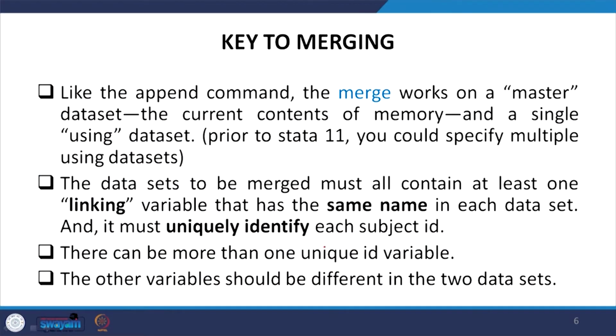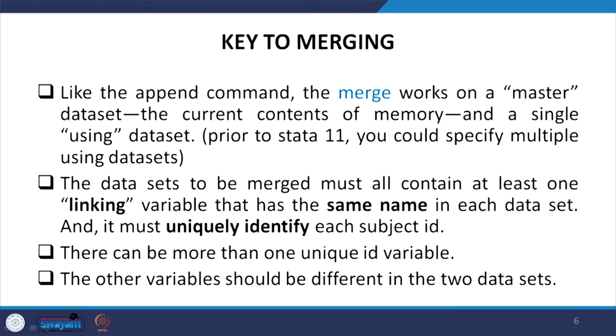So what is the key to merging? Like the append command, the merge works on a master data set, the current contents of the memory, and a single using data set. Prior to Stata 11, you could specify multiple using data sets also.